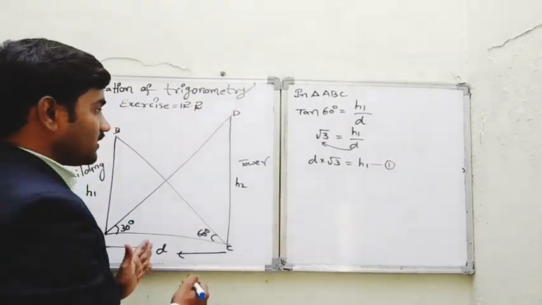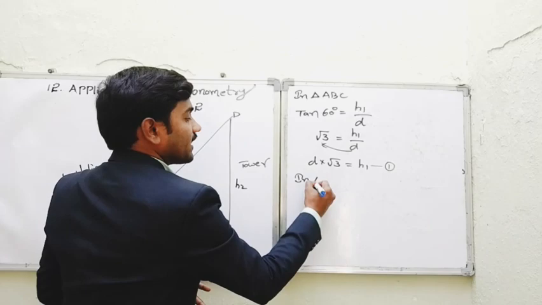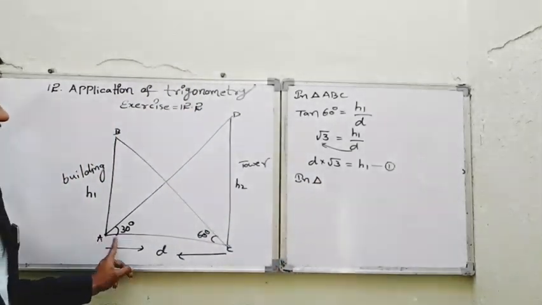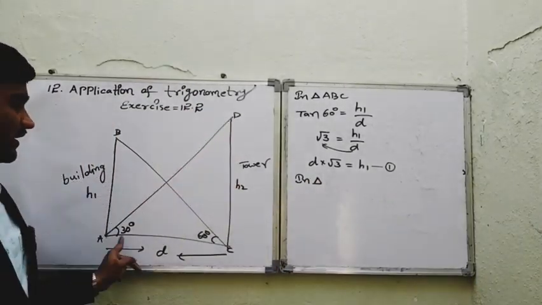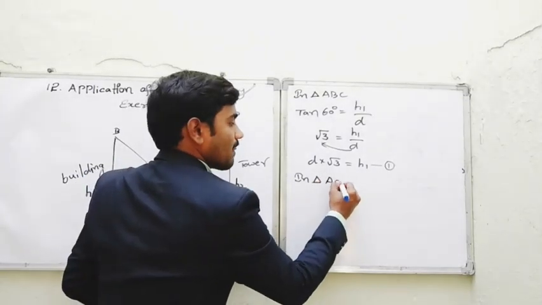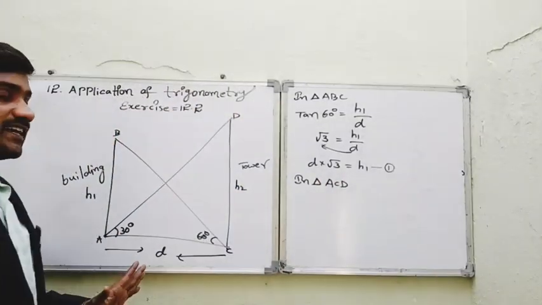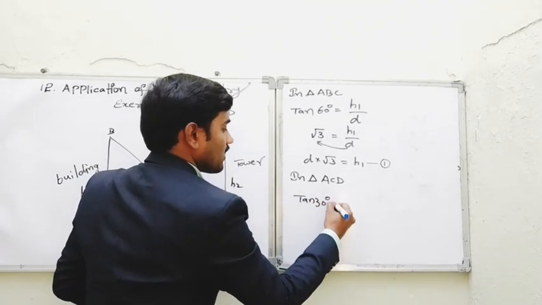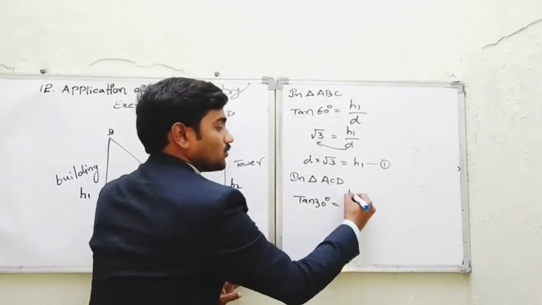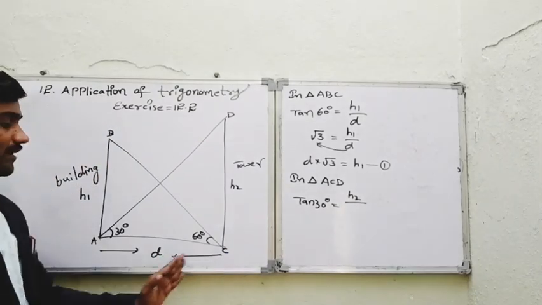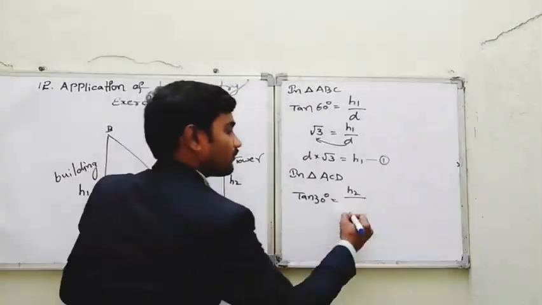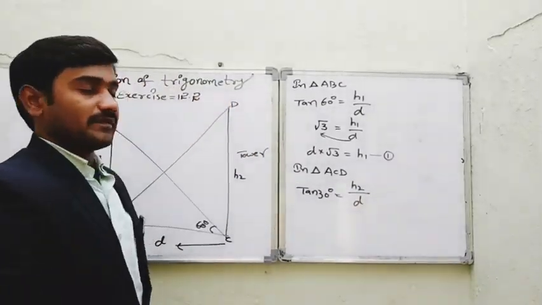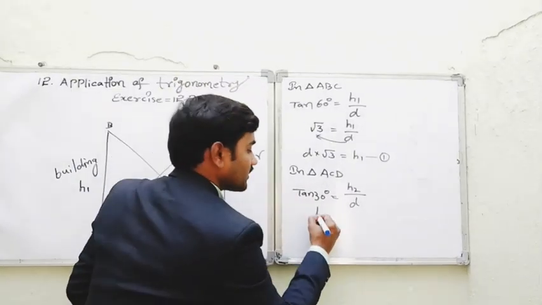Then we go for the next triangle. In triangle ACD, again tan 30 degrees equals height of the tower H2 by the same D. Here tan 30 equals 1 by root 3.